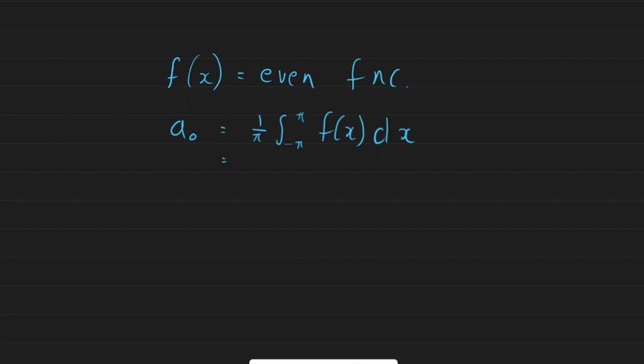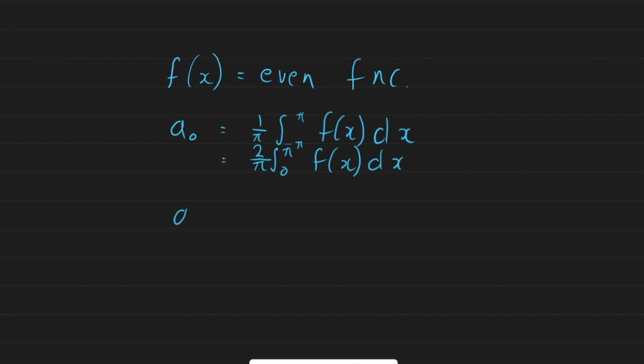And since it's an even function that we're considering, we know that we can just integrate from 0 to pi and just double it, as we had shown in the graph just now. So this is the integral from 0 to pi. We multiply it by 2 and f of x dx.